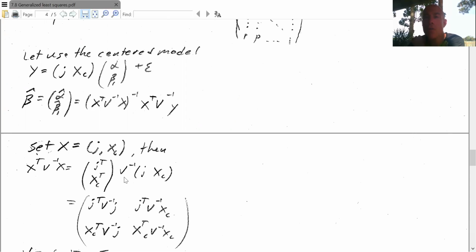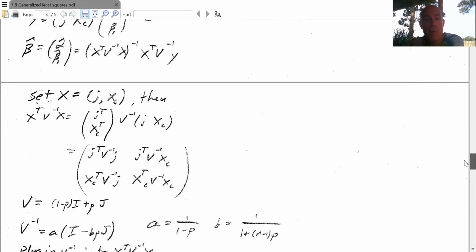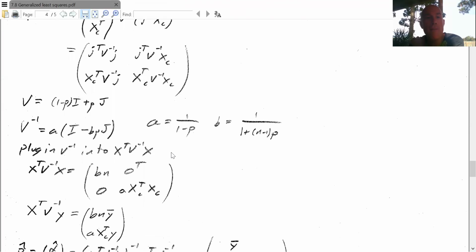All right, and I know that this is a partition matrix. Let's go ahead and apply our partition matrix formula. And we get this 2 by 2 partition matrix also. Well, remember that V is (1 minus rho) times I plus rho times J. So if we use the inverse formula for this type of problem, I know this is a times I minus b rho times J, where a is 1 over (1 minus rho) and b is 1 over (1 plus (n minus 1) rho).